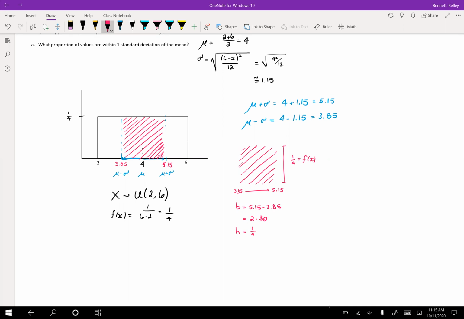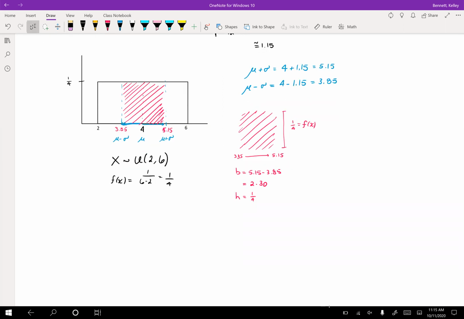So now in order to compute this area, I'm going to have 2.3 times 1/4. And I get 0.575.